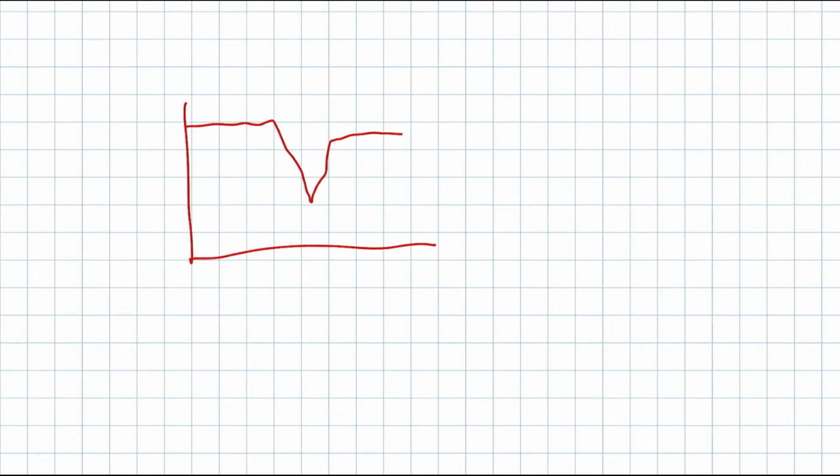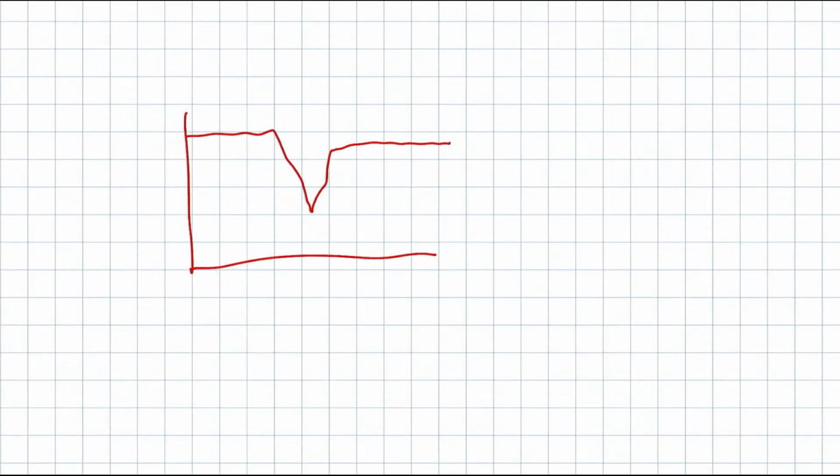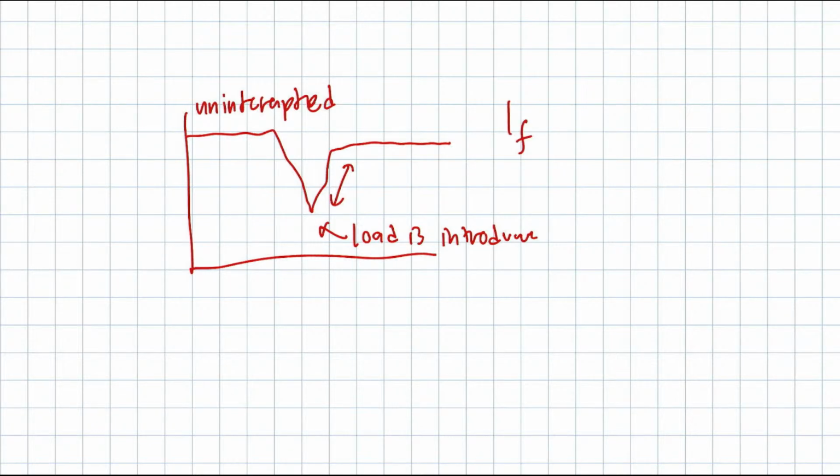Okay. So usually the graph kind of looks like this. Okay, so this is uninterrupted. This is when load is introduced. This one here happens when the IF increases.